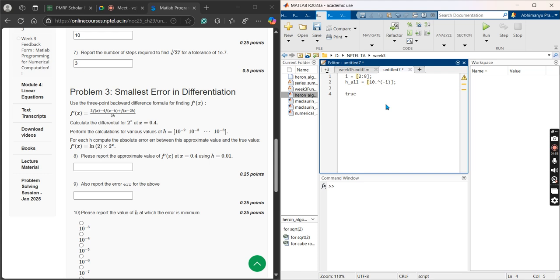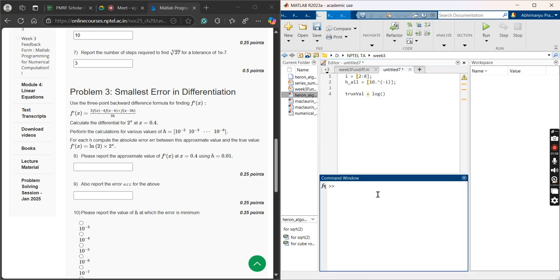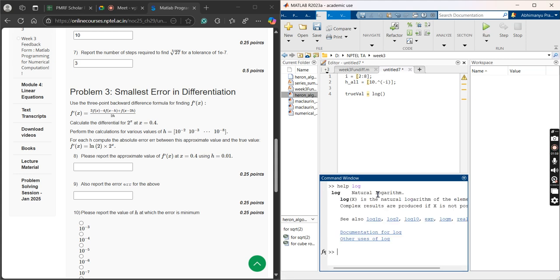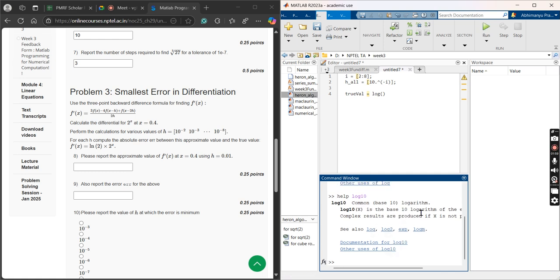Now my true value. By default log is base e only. If I write help log, by default this is natural log only. If I want to calculate log base 10, then I can use the function log10. So help log10: this is the base 10 logarithm.